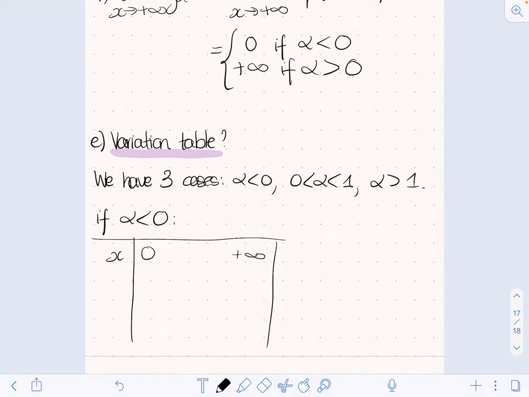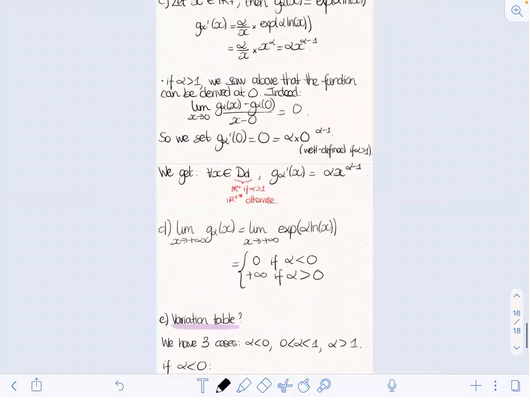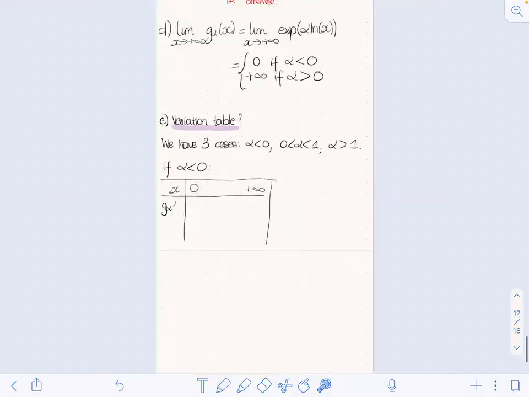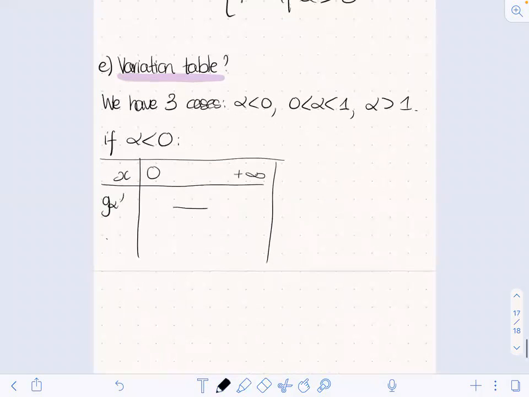We have g alpha prime in this case. If you have a look at the expression above, where was it? It's here. As alpha is negative, that will be negative. And so the function will be decreasing. Like this. And I think we proved above that the function goes to 0 at plus infinity. We can also have a look at the limit at 0.